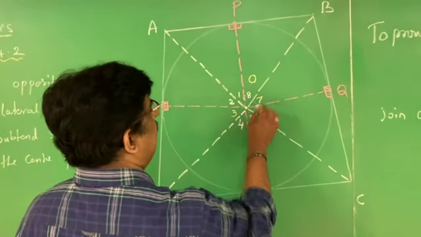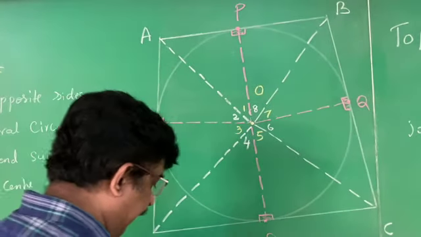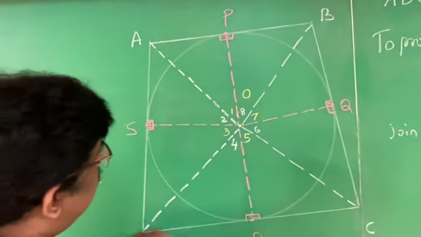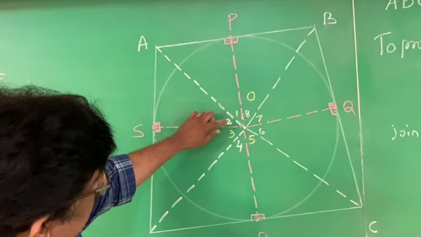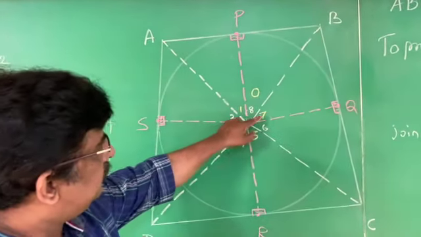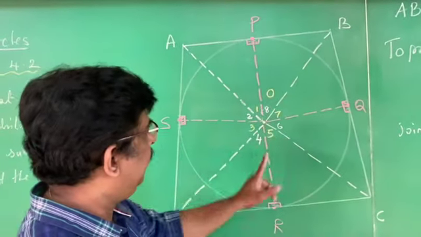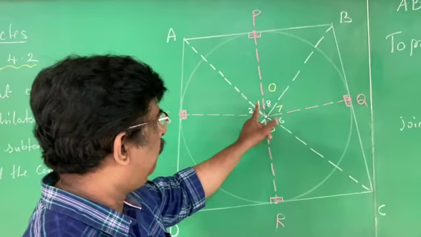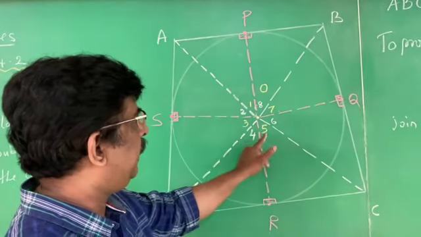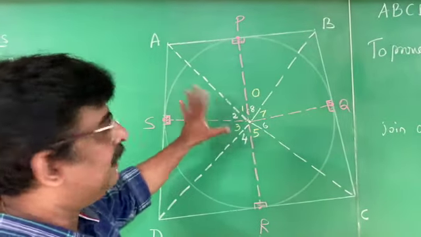There are 8 angles at the center. What we have to prove is that the sum of 2, 3, 7, 6 is equal to 180, or 1 plus 8 plus 4 plus 5 is equal to 180. Simple. It is for our convenience.